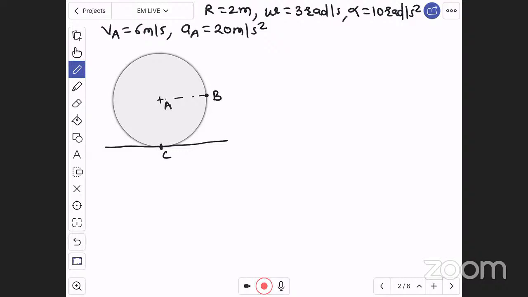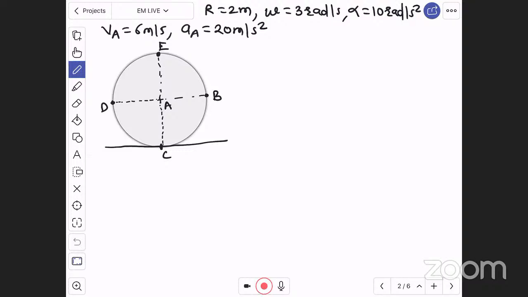Then the south extreme point, that is the below point, is C. Then the left extreme point is D. Then the top extreme point, that is the north extreme point, is E. These are the points, and we have to find the acceleration of each point.